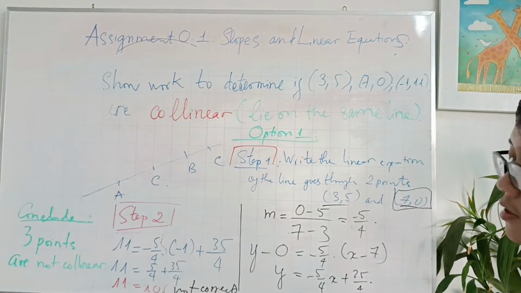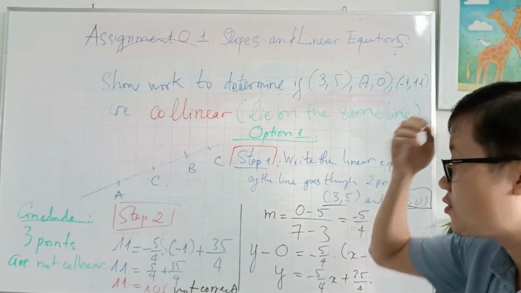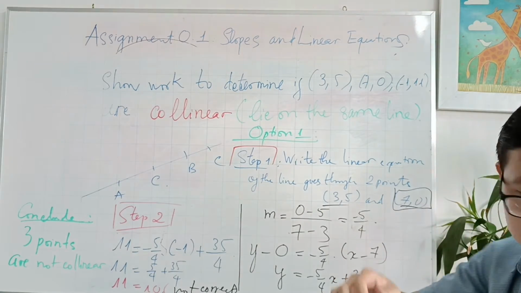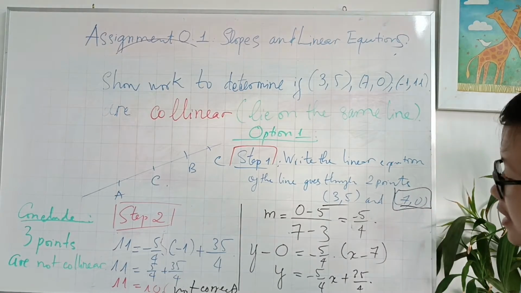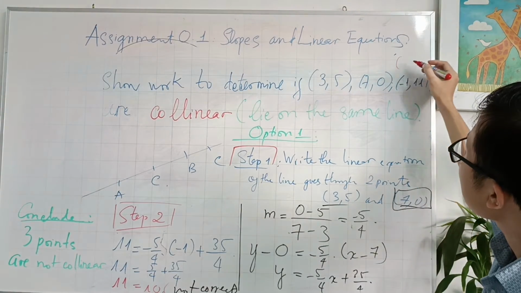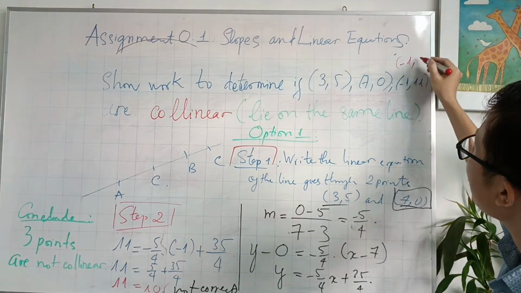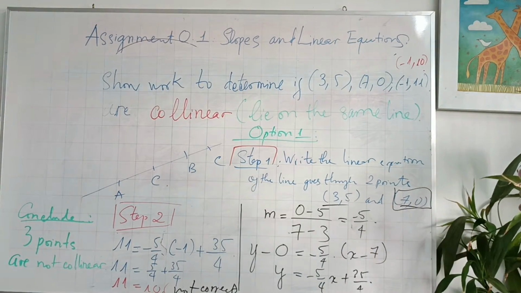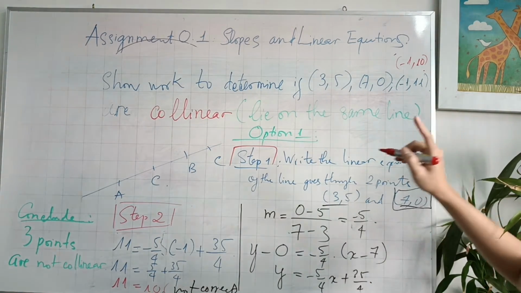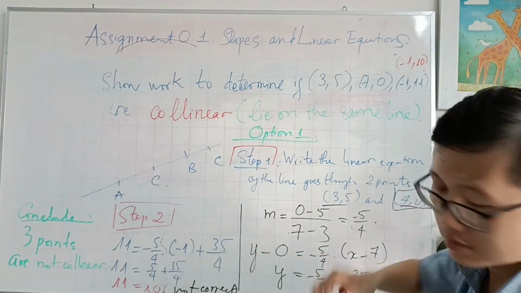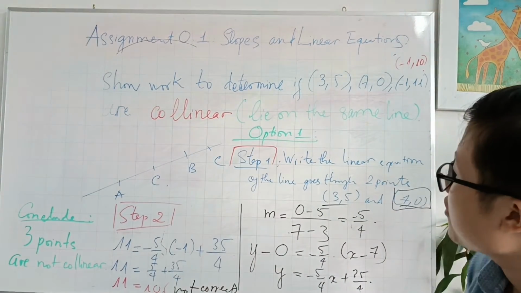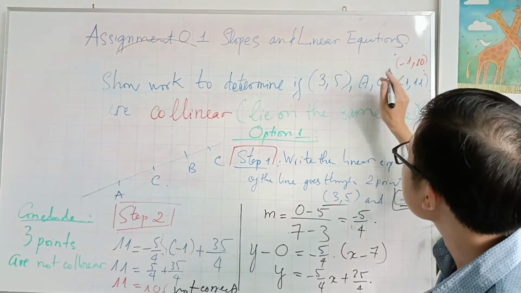Okay, so when we conclude the 3 points are not collinear, I want to choose another point to make it easier for you. If the point here is negative 1, 10, then when you do step 2, you have the answer 10 equals 10.